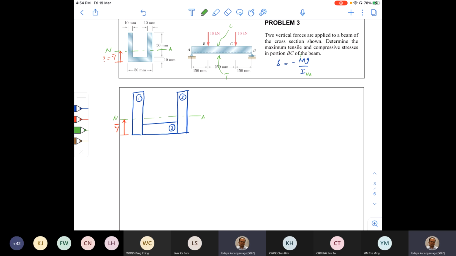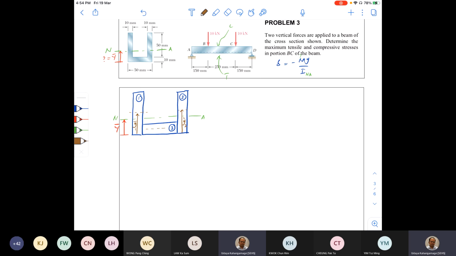We need to know the distance to the centroid of each section 1, 2, and 3. So the centroid of this section is going to be right at the middle. Therefore, I mark it as Y1 bar. And here is the same height. Let's mark it as Y2 bar.